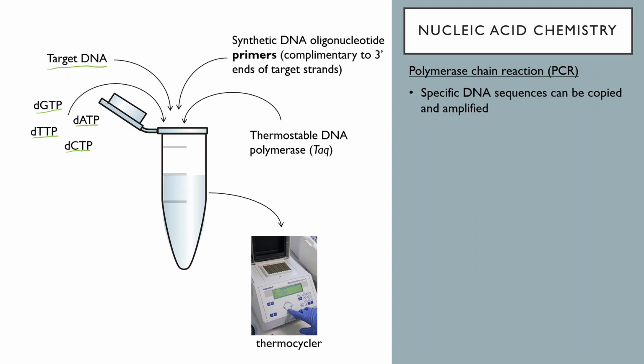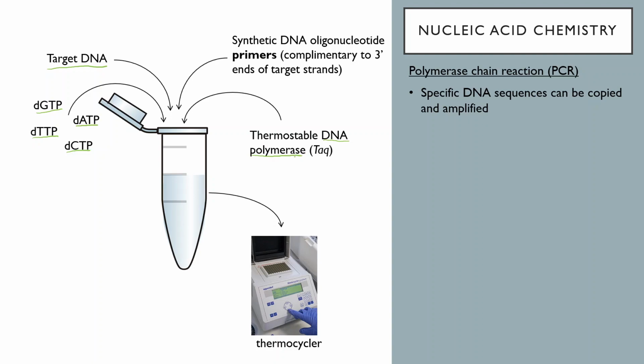Those four bases in their triphosphate form are what you would need to make a copy of a given DNA sequence, and that means they can be linked together. You need an enzyme that can combine DNA bases together to make a new DNA strand. Those enzymes are called DNA polymerases. So you add a DNA polymerase to your tube, which is going to carry out the process of making a copy of your target DNA.